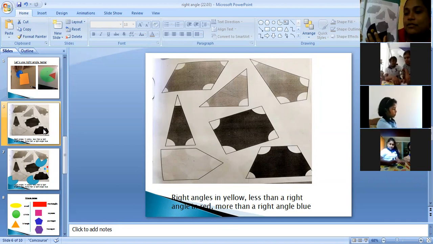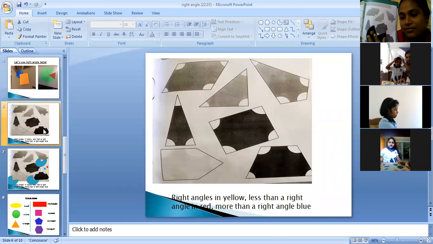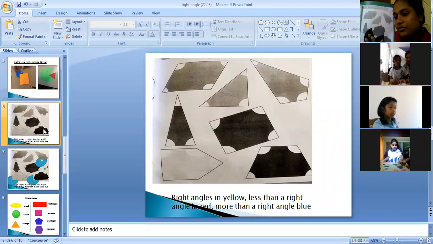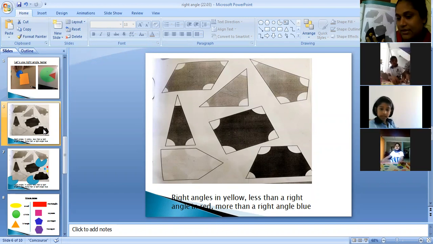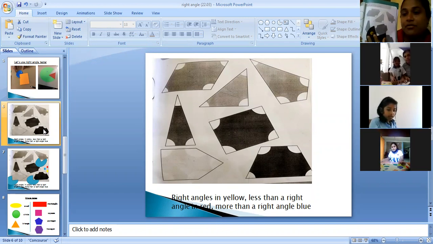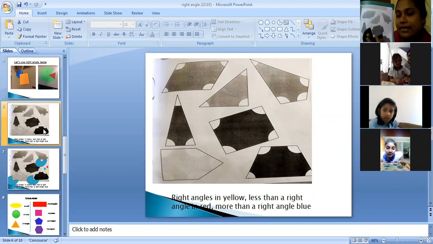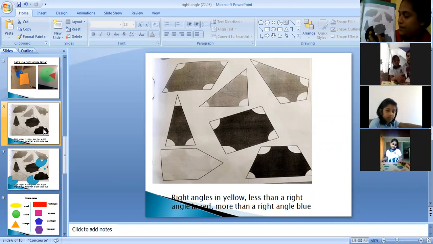It is fitting. Did you check? Does it fit with the tester? Yes. If it is fitted, it is a right angle.